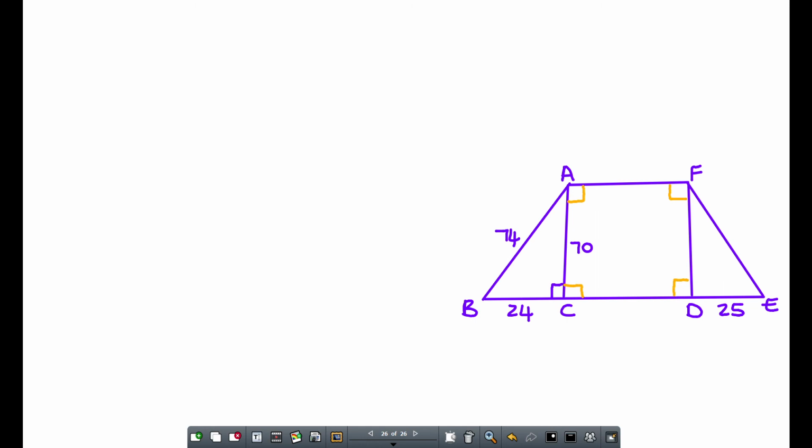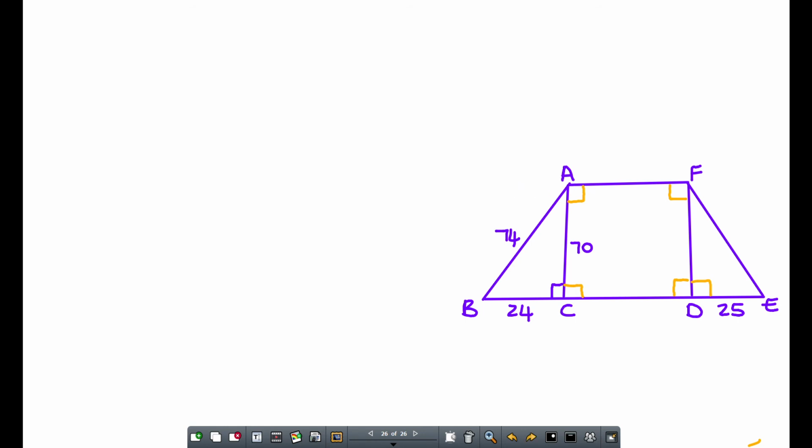Yes, that's what I want you to see. Because this is 90 degrees, it also means that that angle will be 90 degrees because it's on a straight line. Do you guys see that? That means that the other side of A will also be a right angle. But that's not a straight line.